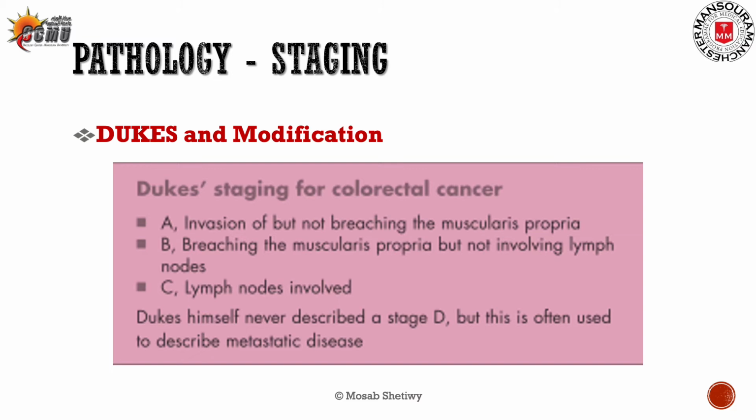Stage B involves the muscularis propria, but not the lymph nodes. And lastly, stage C is where lymph nodes are involved. Dukes died while describing stage D disease, and it was later added to describe metastatic disease.